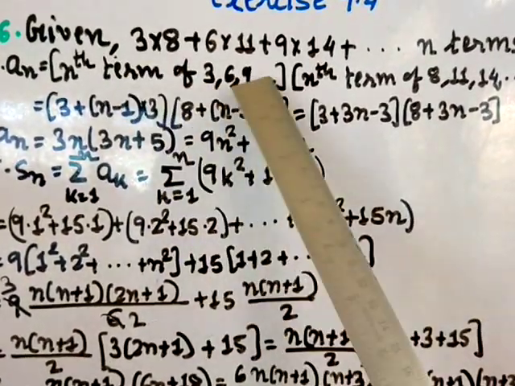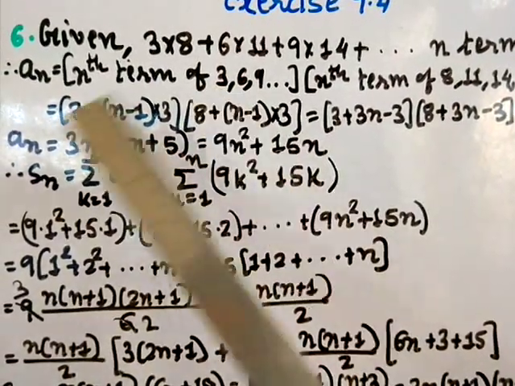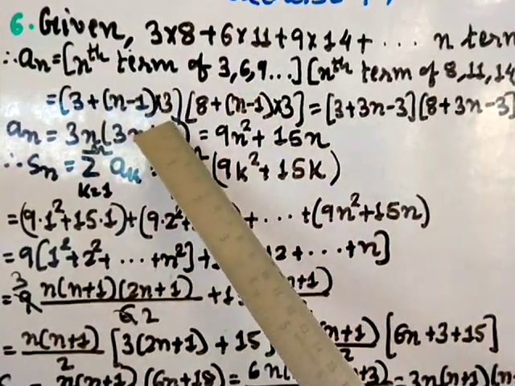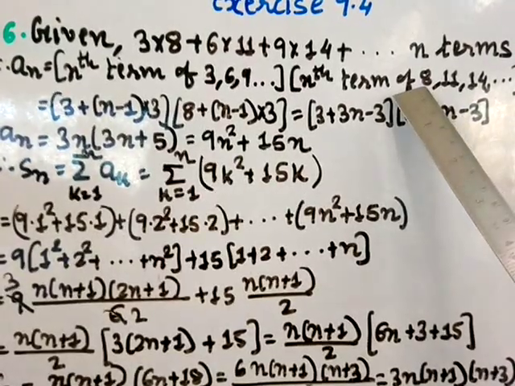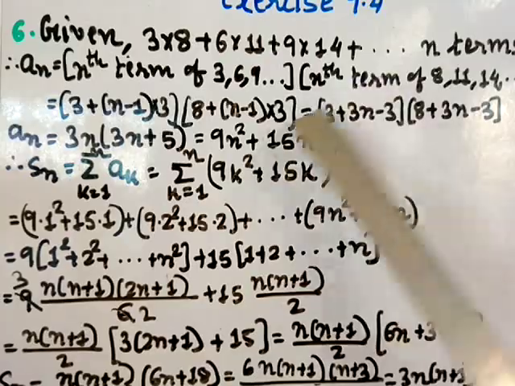So for this, when you write the nth term, the first term is 3, so 3 plus n minus 1 into the common difference 6 minus 3, that is 3. For the second, when you use the formula, the first term a is 8, so 8 plus n minus 1, the common difference 11 minus 8, that is 3.